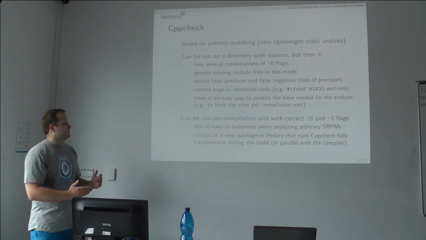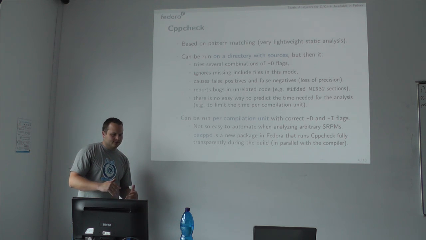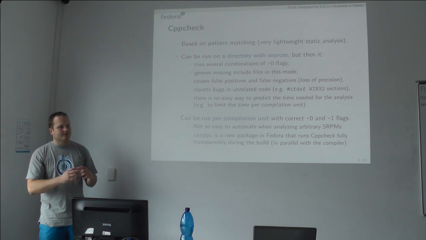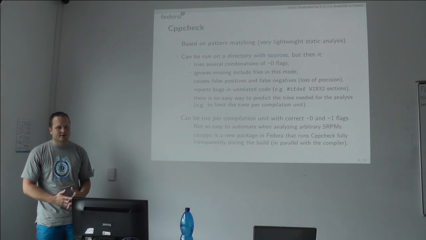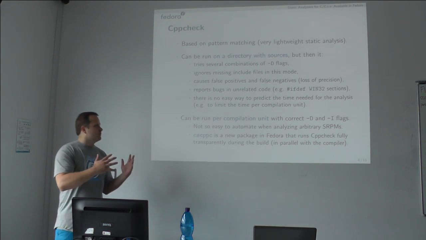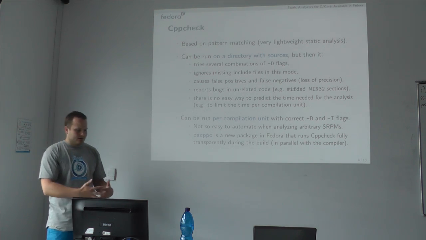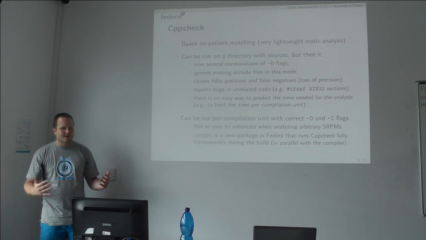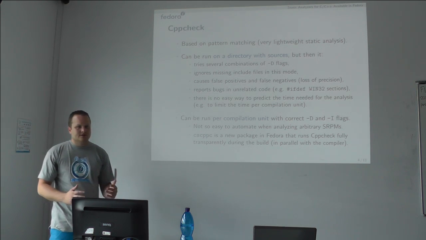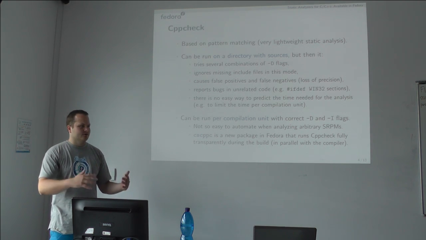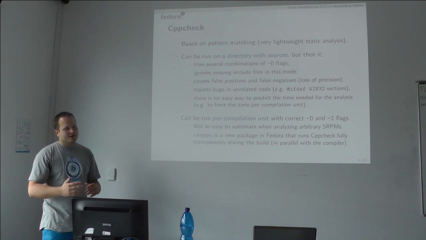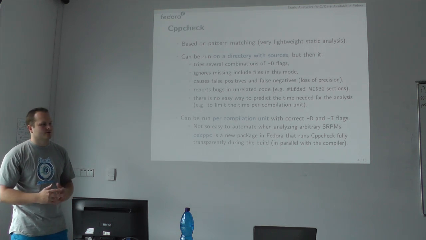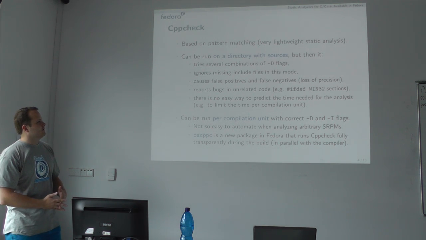And the second mode is that we can run Cppcheck similarly to a compiler for each single unit and give it the correct preprocessor flags. In the first mode, the problem is that Cppcheck does not know how to preprocess the sources. There can be some missing include files which are ignored. It has to try various combinations of the defines used in the code.